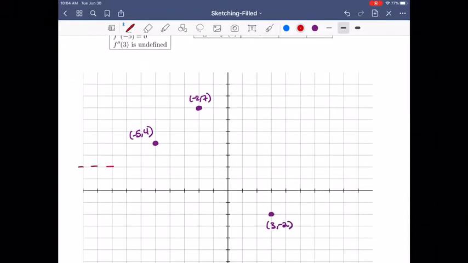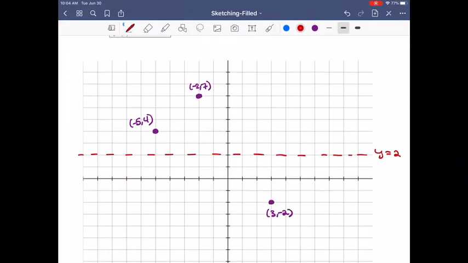So I'm going to put a little dotted line here for y equals 2. And because it's as I go to plus and minus infinity, I know as x goes to minus infinity, I'm going to approach this line. And also as x goes to infinity, I'm going to approach that line. So I want to make sure that I indicate that.